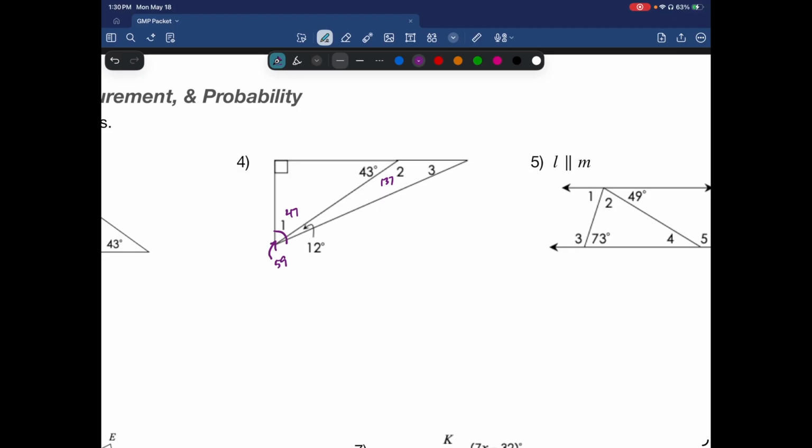So 90 minus 59 is 31. So angle 1 is going to be 47 degrees. Angle 2 is 137. And angle 3 is going to be 31 degrees.